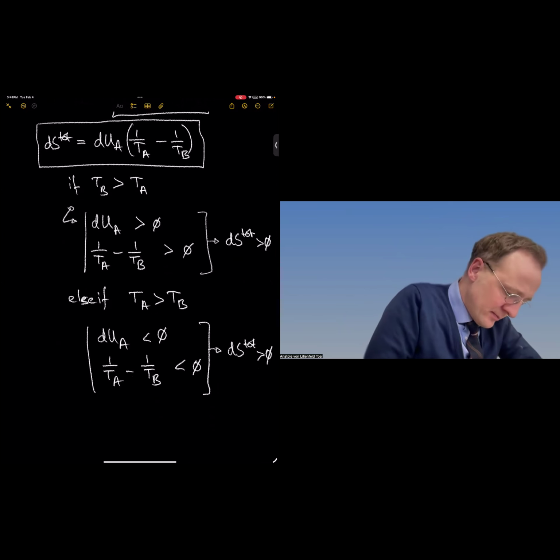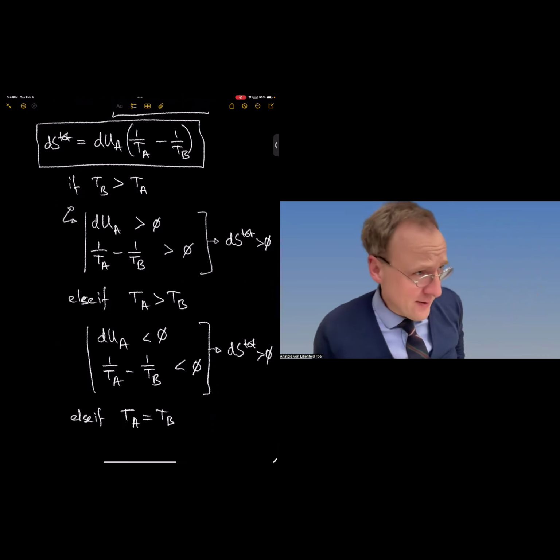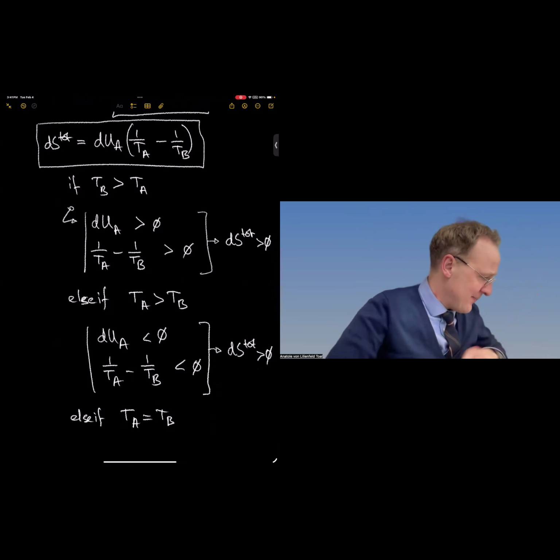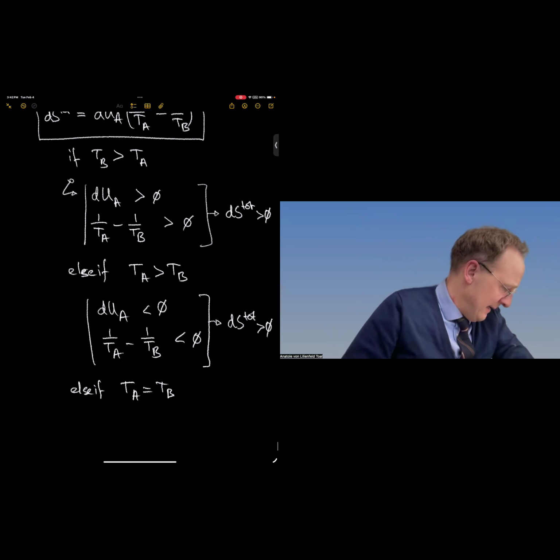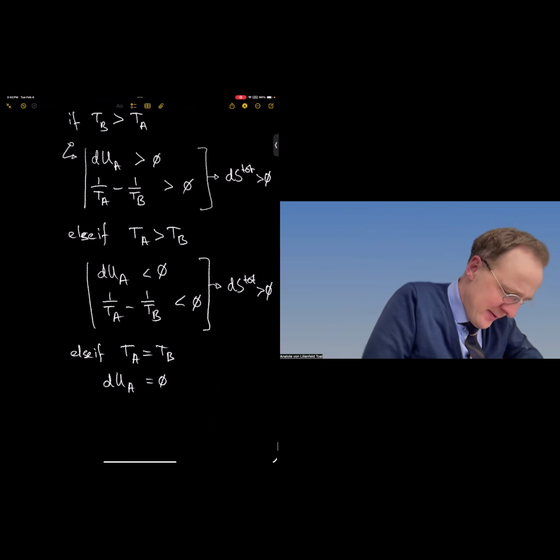And as if TA equals TB, which is the boring trivial case where nothing has happened, well, then dU_A, the change in A, must be 0.